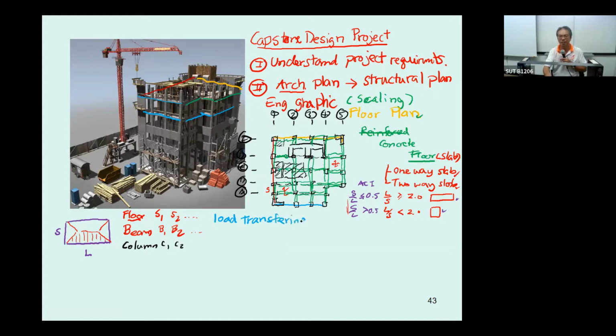This way you will have a chance to consider all the load transferring on this structural system.